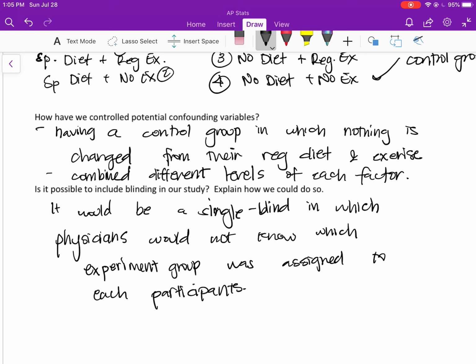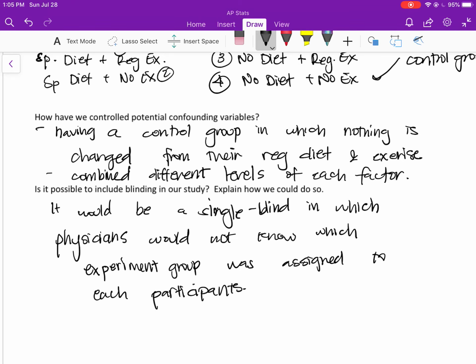Okay. By not telling them which group they were placed in, the person that interprets the results just has to look at the results and not make any conclusion with the experimental treatments. Okay. Let's go ahead and move on.